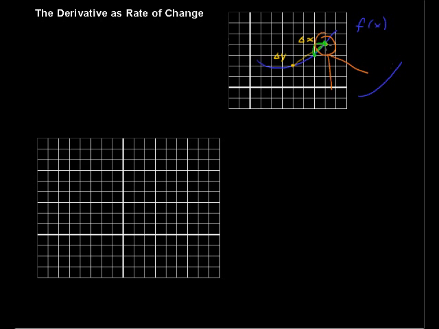This part of the curve blown up or zoomed in, and we're getting closer and closer to this value of x. Right here, and then right here, and closer. So this change in x is getting smaller and smaller. And that's going to get us to our instantaneous rate of change.